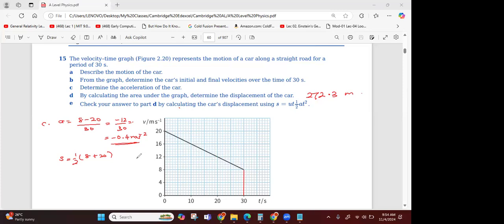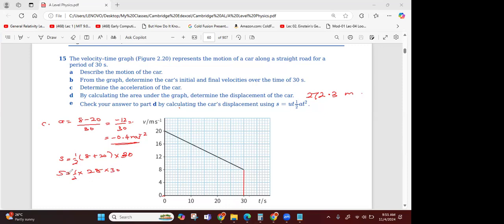Okay, so the area of the trapezium is half into the sum of the opposite sides, 8 plus 20, into the altitude, the perpendicular height, which is 30. So area equals 1 over 2 into 28 into 30.